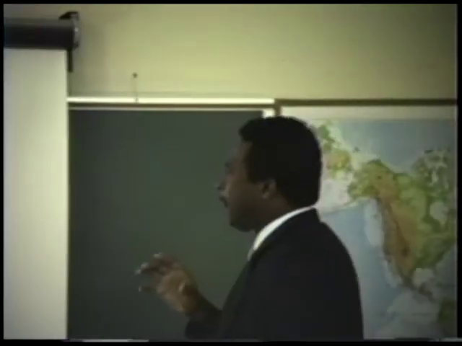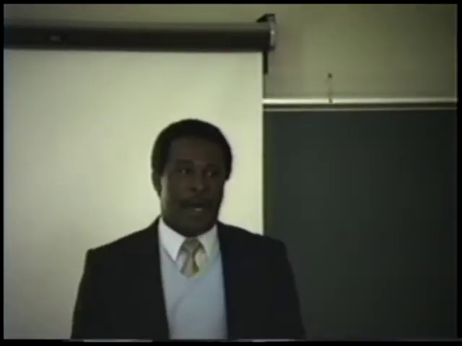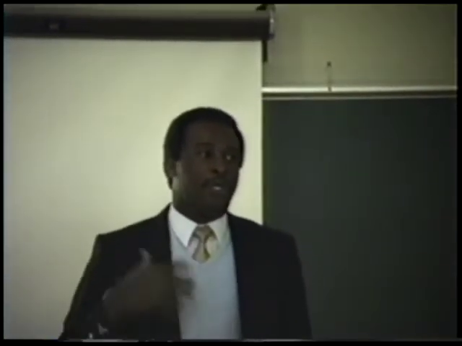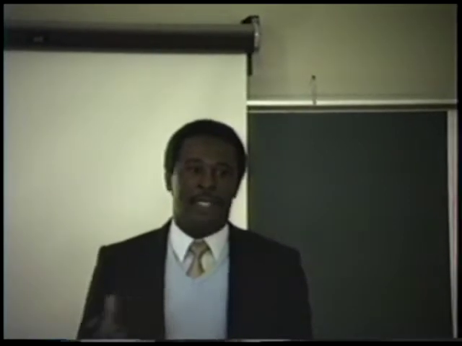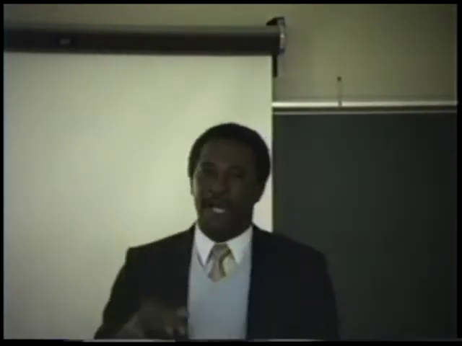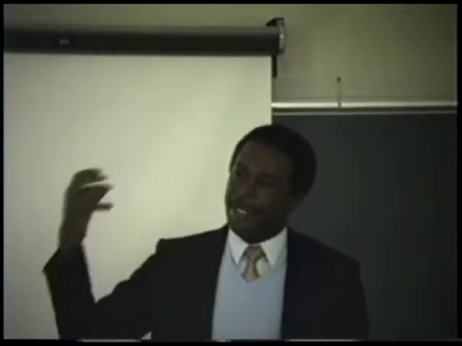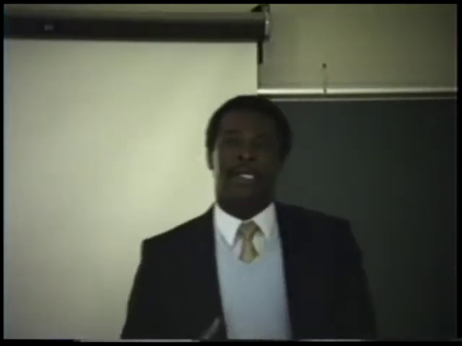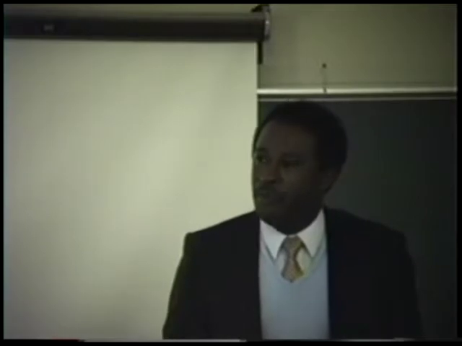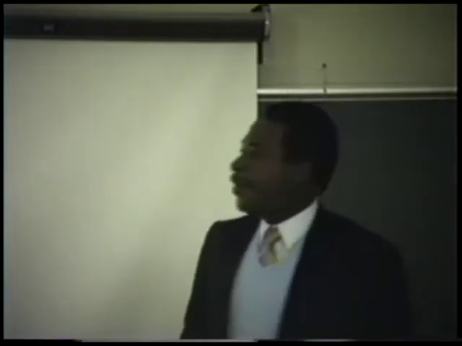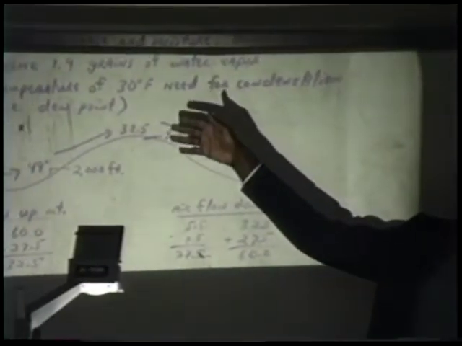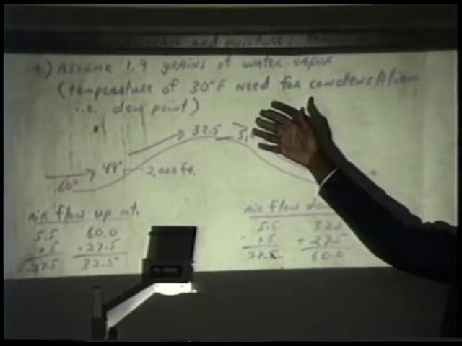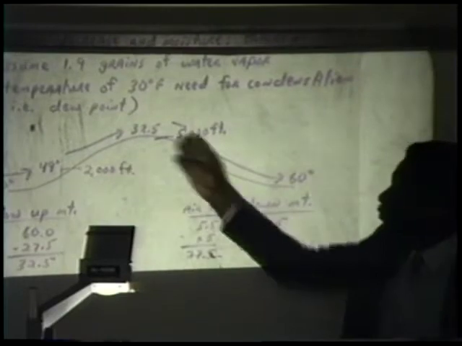But this heated air cools off to only a minimum of 32.5 degrees Fahrenheit at the top of the mountain, which is not enough cooling in order for this 1.9 grains of water vapor to be released. The air essentially would have to rise even further in order for the 30 degrees Fahrenheit to be reached. And so there's no condensation.